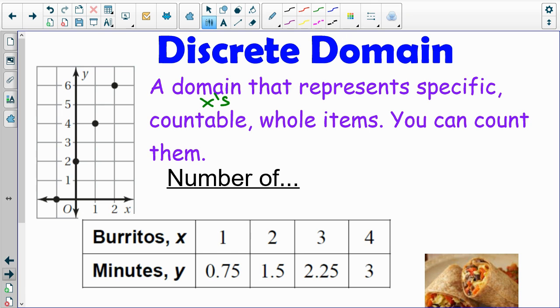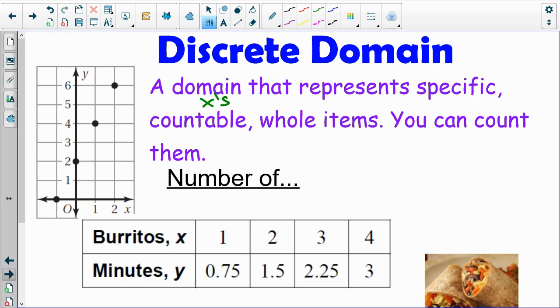It's a domain that represents things that are whole, that you can count. That's how you know a domain is discrete. So if your x's are representing pencils, and bars, anything that's whole, then you know that's a discrete domain. It often says a number of shoes or a number of backpacks, whatever that might be.